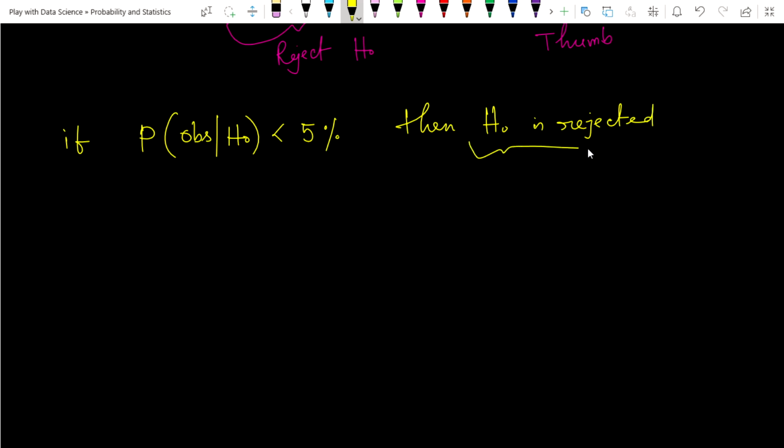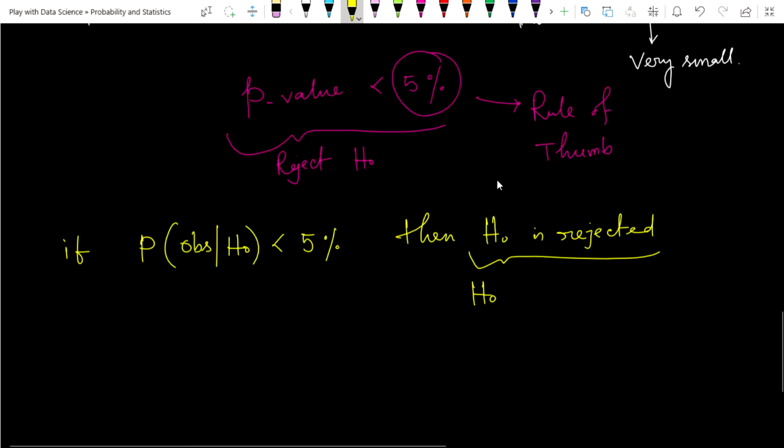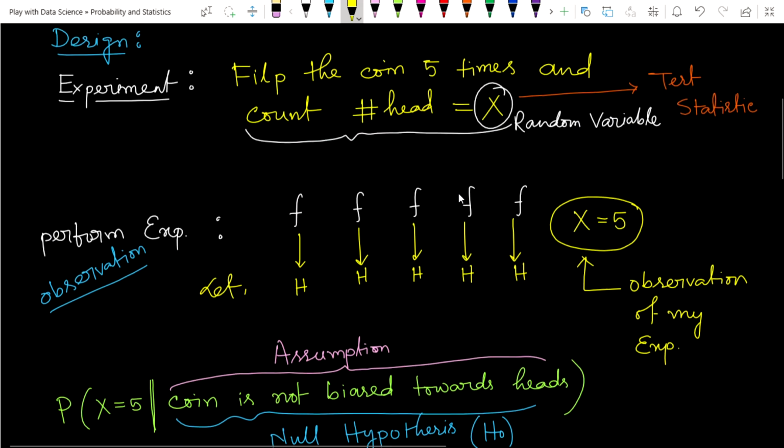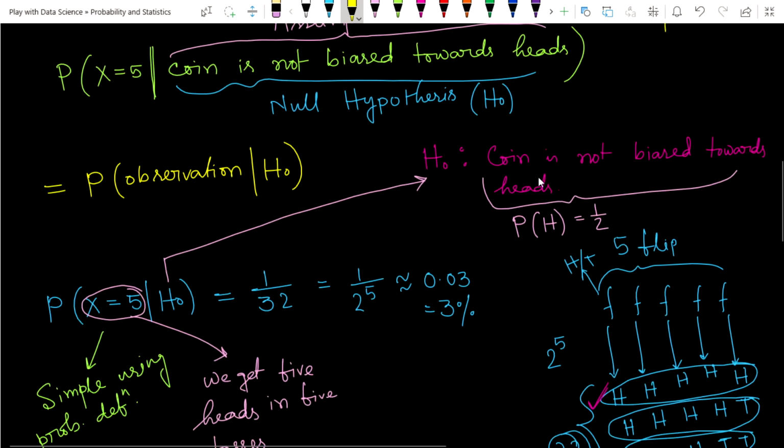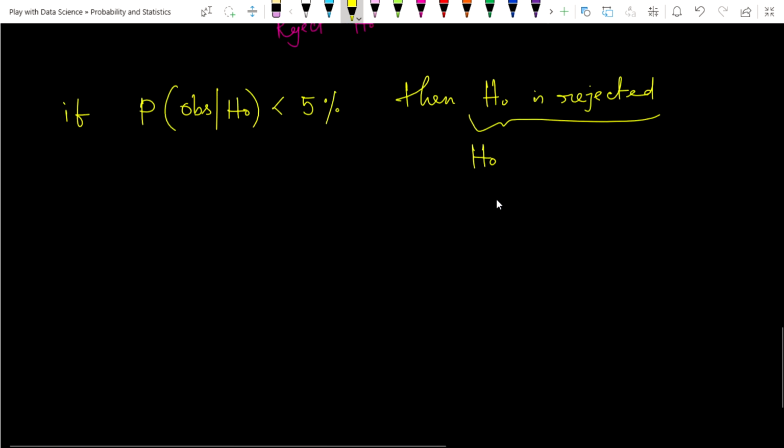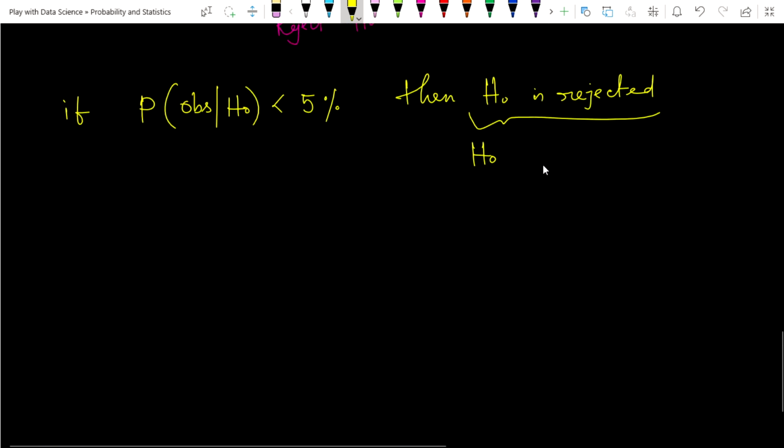That means the null hypothesis that we assumed here may be incorrect. The null hypothesis we assumed here is that the coin is not biased toward heads, and that may be incorrect.